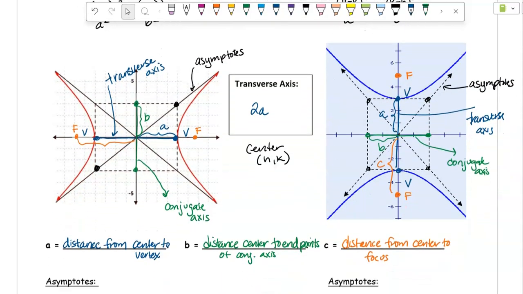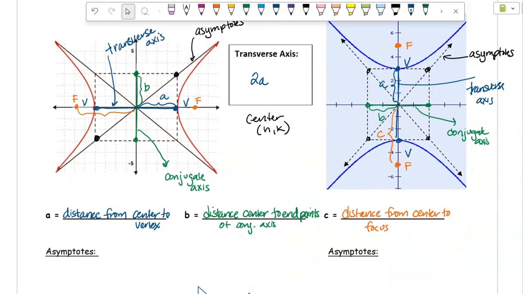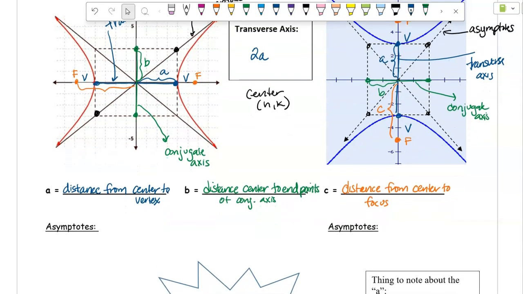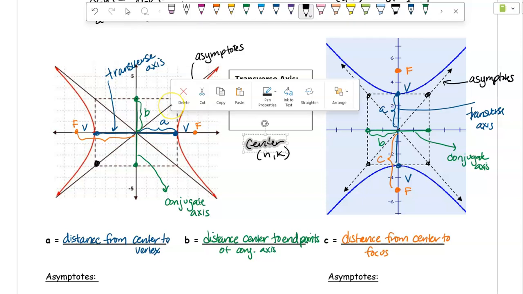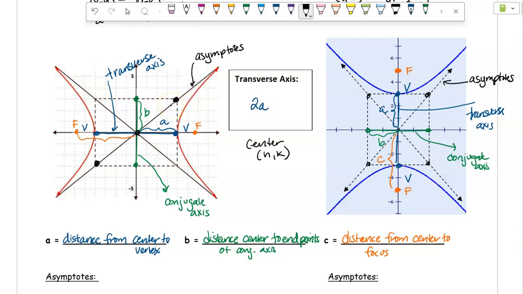Speaking of those asymptotes, we want to understand how we write the equations for them. On the horizontal, we're just going to do a line in point slope form. If I were to get from my center out to this point right here, I would rise b and run a.